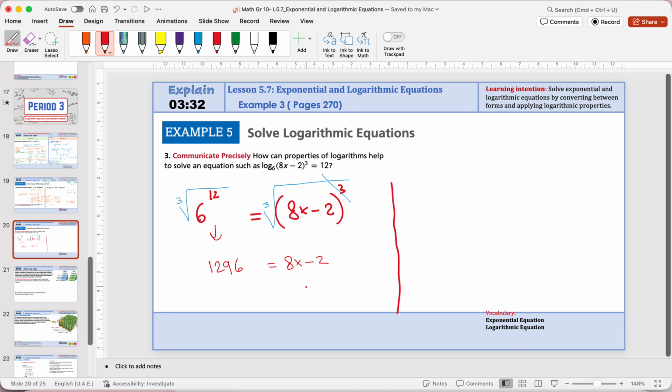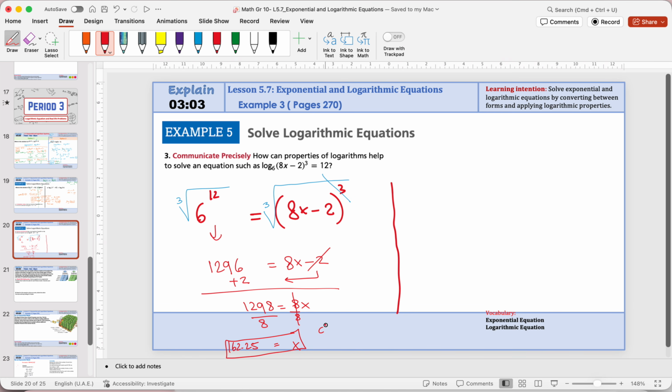And now take the 2 here. It's gonna be positive 2, which is 1298 equals 8x. Divide by 8. It's 162.25. That's the value of x.